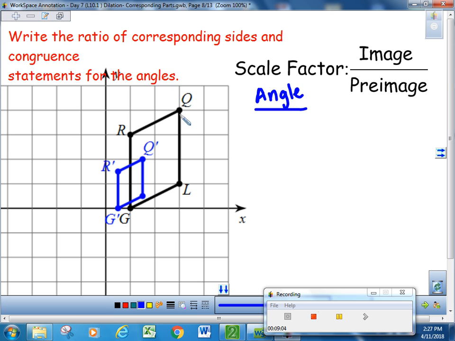So we're going to start here with Q. Angle Q is congruent to angle Q prime. And then just go around the shape. Angle L is congruent to angle L prime. Go ahead and write the other 2 angle statements up.